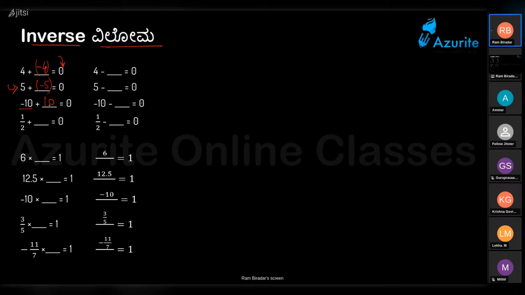Minus into minus will be plus, so +10 should be added, so the answer will be 0. Now 1 + 2 is there. So what should be added to make it 0? -1 + 2, so if you add it the answer will be 0.